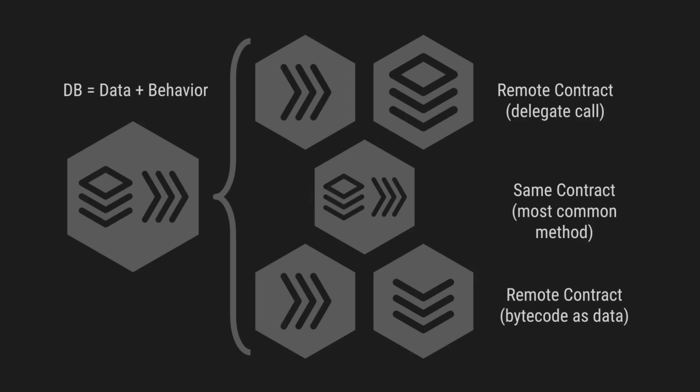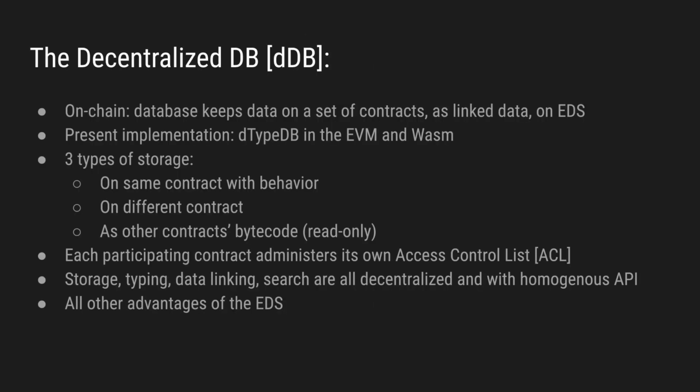So you have seen the three types of storage that you can do on the Ethereum Virtual Machine. You have seen an on-chain database which keeps data on a set of contracts as linked data on EDS, the Ethereum Data Service. Our current implementation can run on the EVM and WASM.